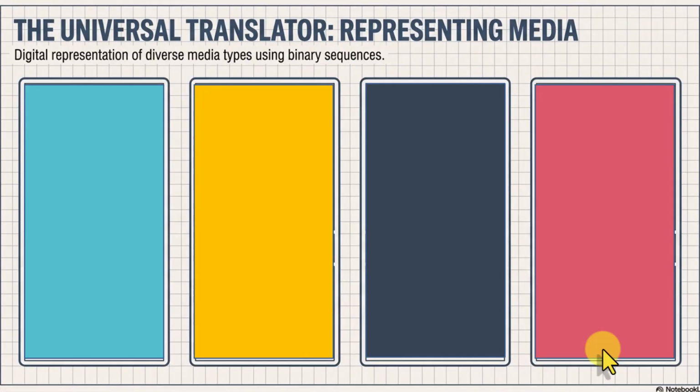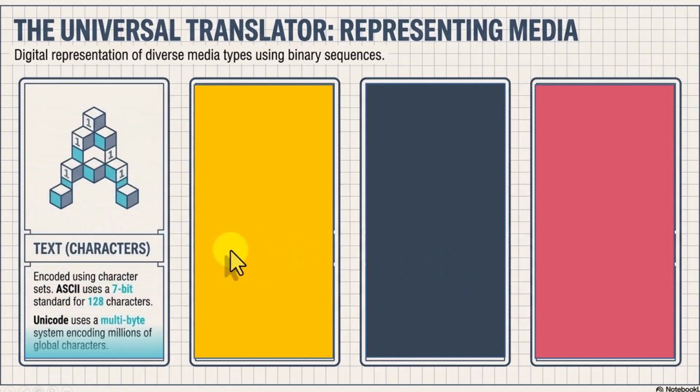And as we have studied in the previous videos, the universal translator: all kinds of media stored in a computer have to be changed to binary, and we have studied how to do that. For example, the first one, text or characters.